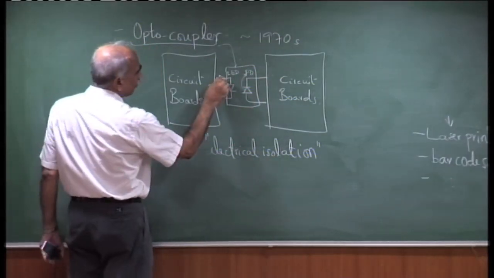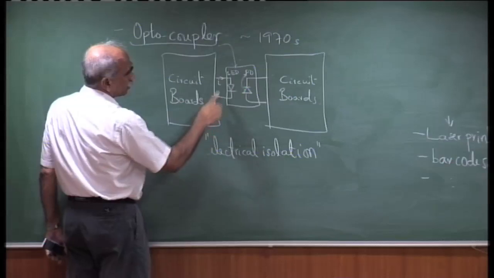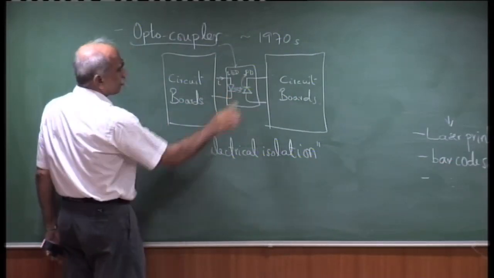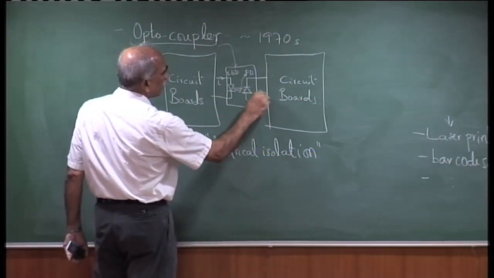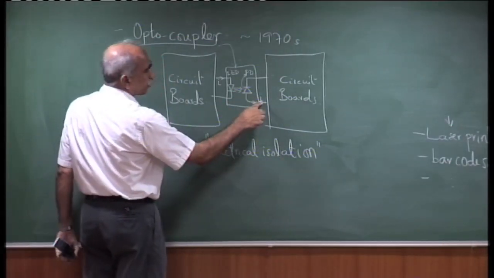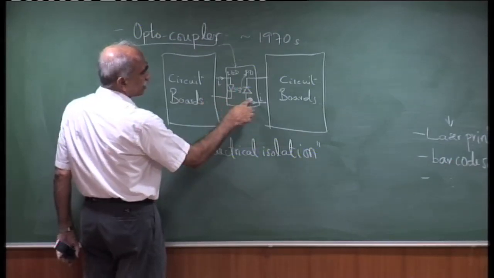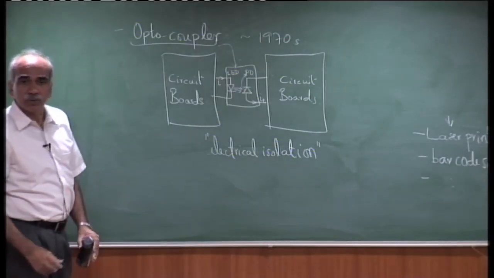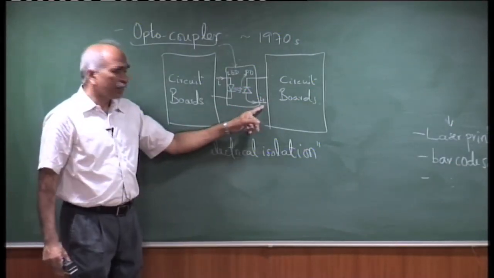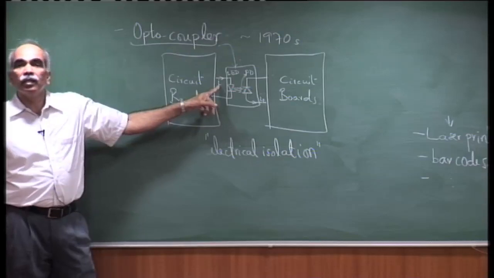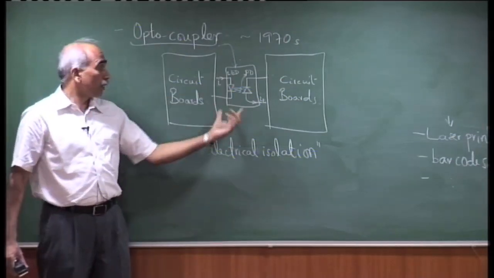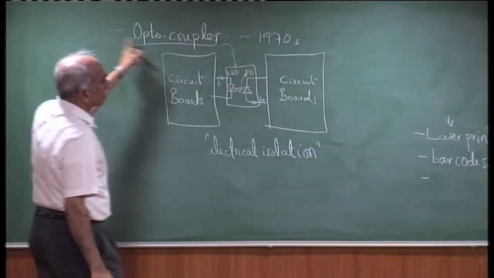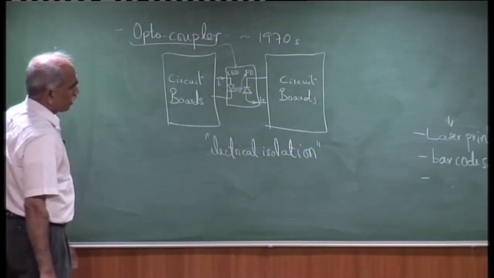The LED would give out light depending on the current I through the LED, and the photodetector will generate a photocurrent proportional to I, which will then go to the next circuit board. This was one of the earliest optoelectronic components, widely used in electronic circuits.